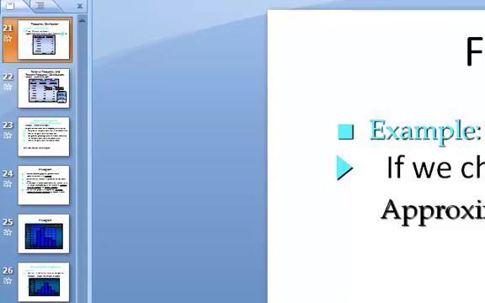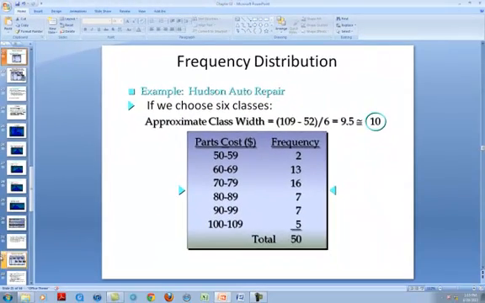Please take a moment and check for yourself that there are 31 observations less than or equal to 79. How do we get that? 2 plus 13 plus 16, which is 31. Hence, there are 31 observations less than or equal to 79, and hence the cumulative distribution of 79 is equal to 31.